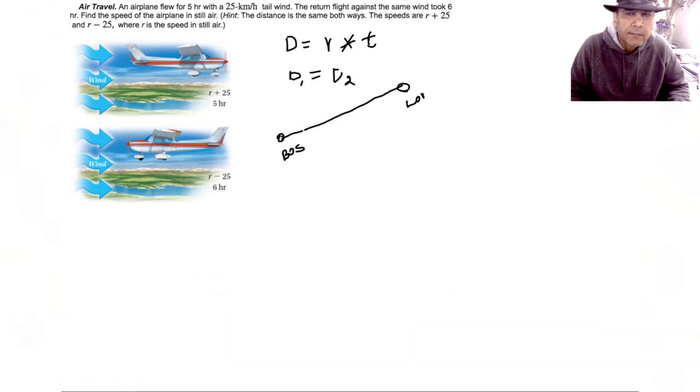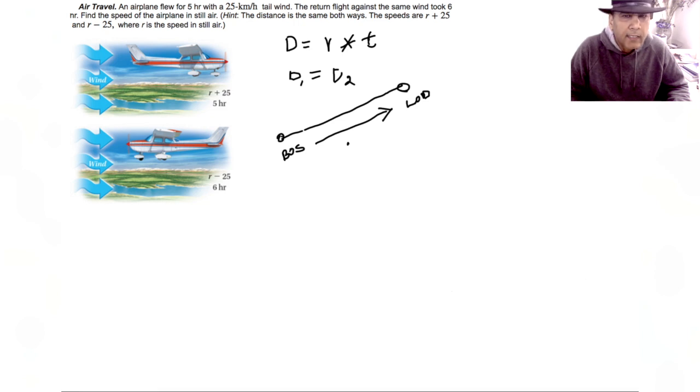So we are flying to London, let's say with the wind, tailwind.